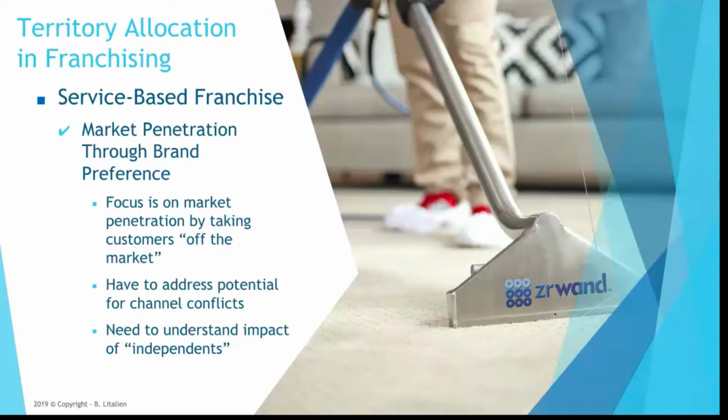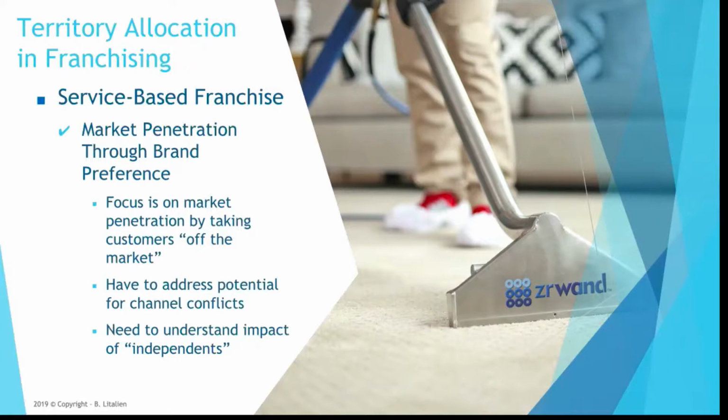If you allocate territory under the commercial application, you may run into problems with businesses that cross over territory lines. For example, if you have a bank in a certain market that has 40 locations, some of which may be in one franchisee's territory, some in another, it's very difficult sometimes to work with a commercial client who wants to have to deal with two separate franchisees.